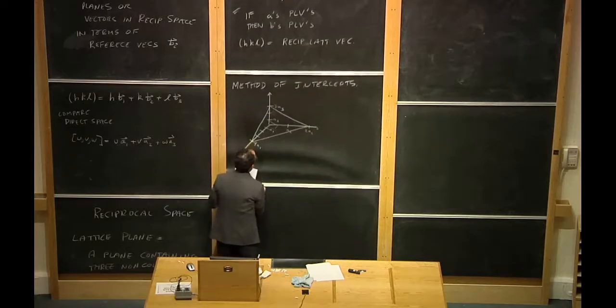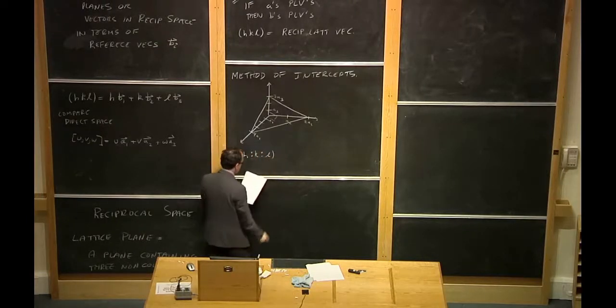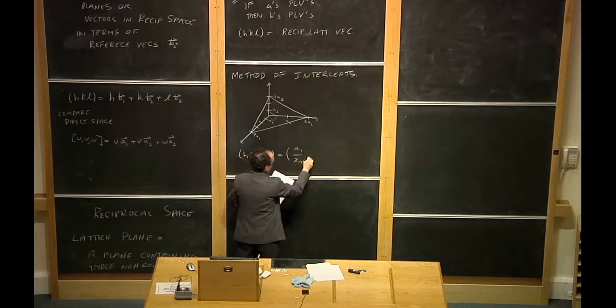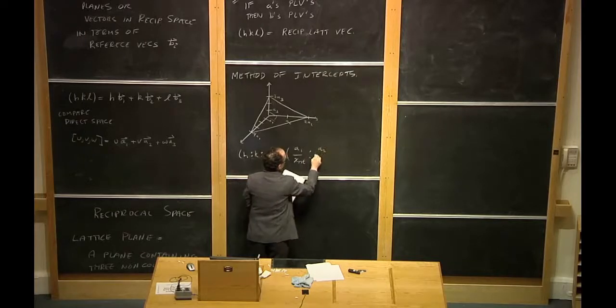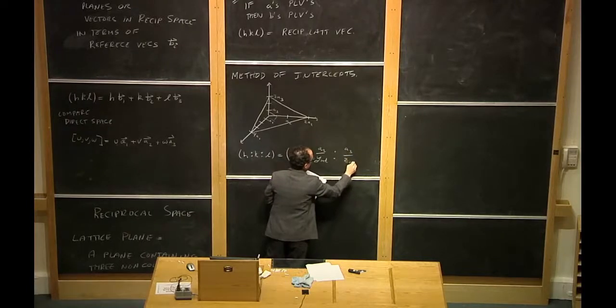The rule is that H is to K is to L, as a proportionality, is the same as A1 over the x-intercept is to A2 over the y-intercept is to A3 over the z-intercept.